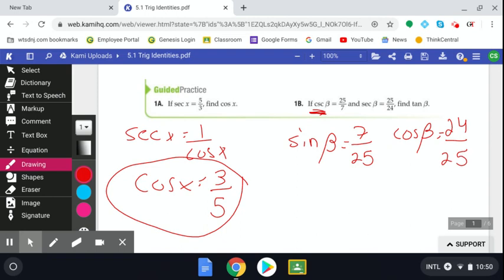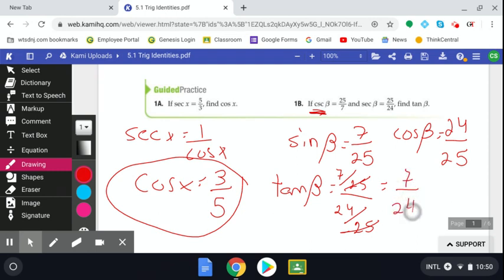Now I know that tangent is sine over cosine, so tangent beta is 7 over 25 divided by 24 over 25. I can cross out the 25s, and I'm left with 7 over 24. Okay, so we move on.